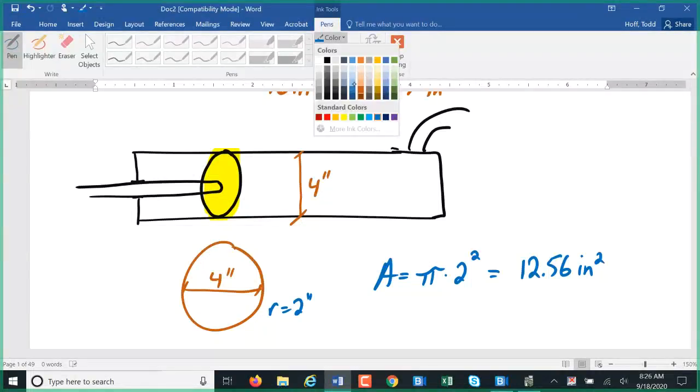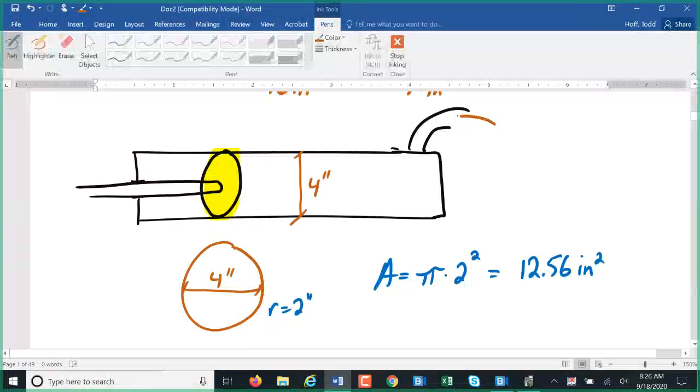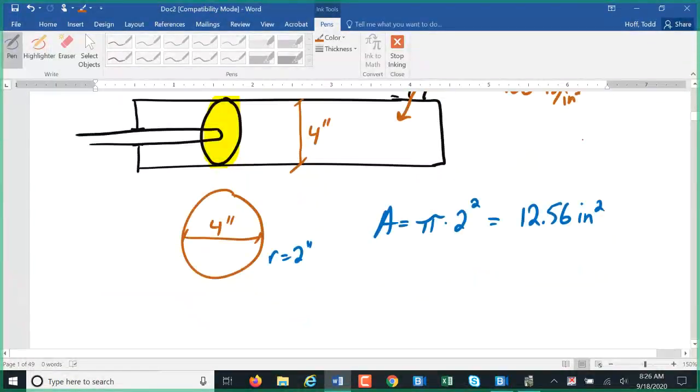Well, let's say that we have a hydraulic pump here that's capable of producing 400 psi, which is pounds per square inch of force. The force can be thought of, if I rearrange that pressure formula, as the pressure times the area.